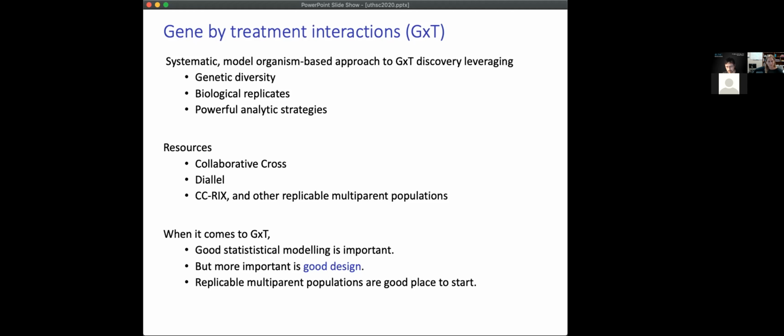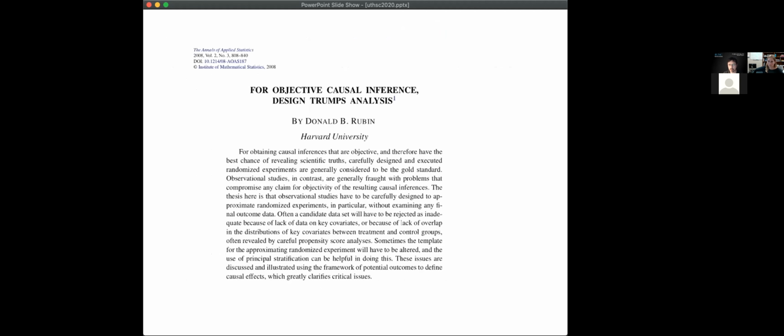I'd played around a bit with different sorts of causal modeling on outbred populations before I started thinking about this, and the design piece was just more and more seductive to me, and it reminded me of this paper from 2008 for objective causal inference, design trumps analysis.